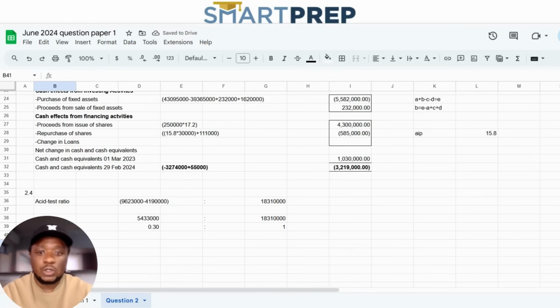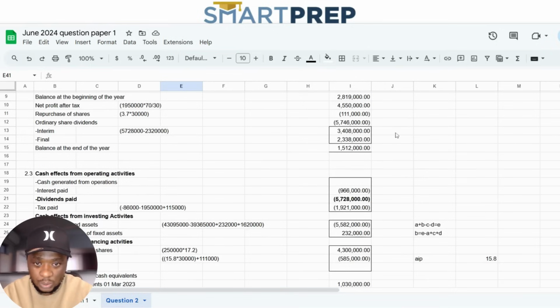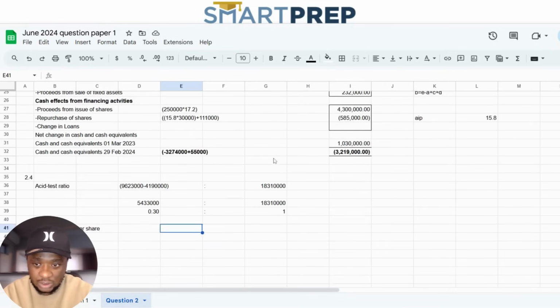Then the next thing that you're going to be looking at is the interim dividend per share. For interim dividend per share, we will take our interim dividend, which we worked out in the previous question, because we had an interim dividend of 3,408,000.